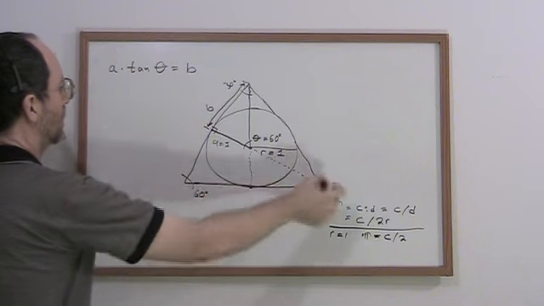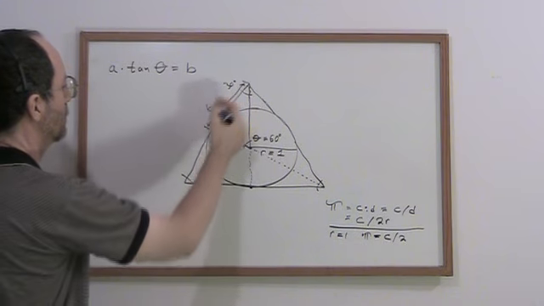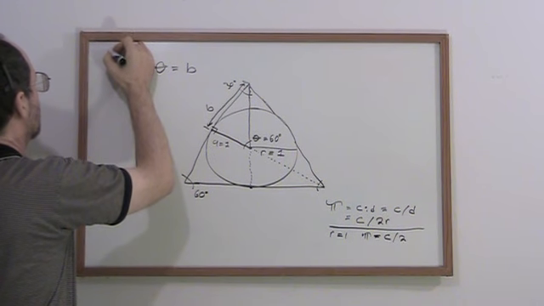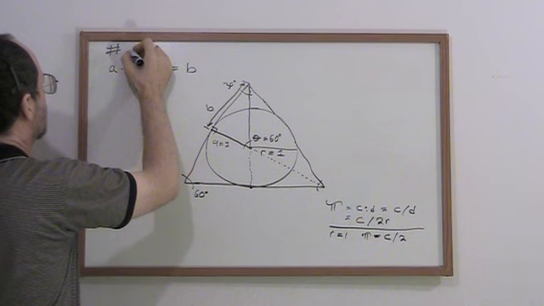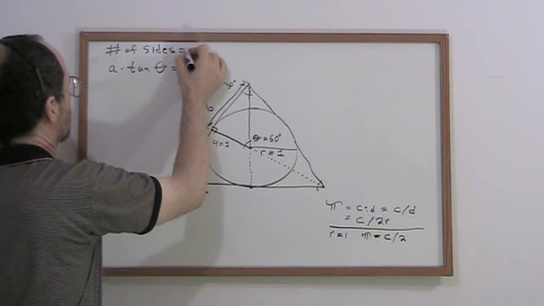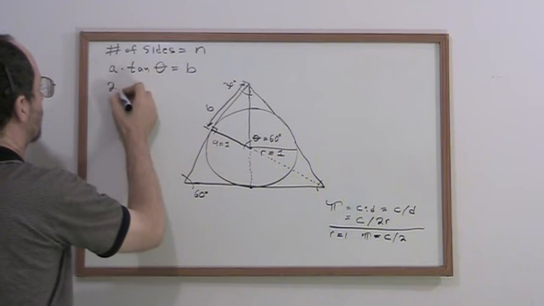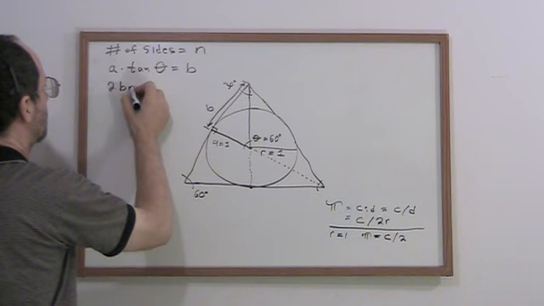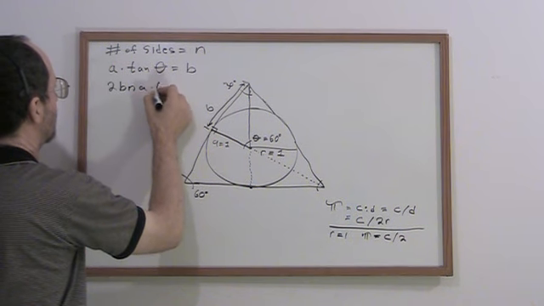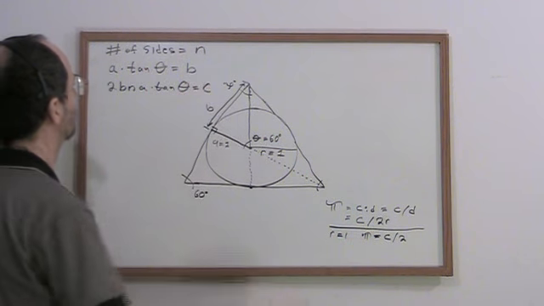So if we call the perimeter C, and the number of sides N, then 2B times N equals C.